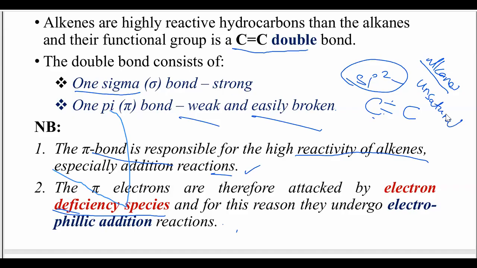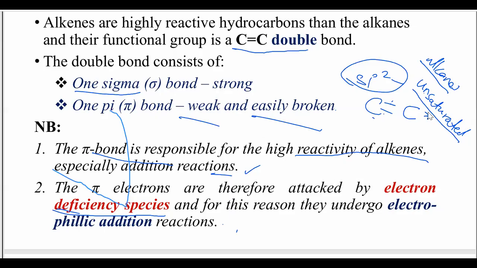They have some free electrons present, the ones which form the pi bond. That bond is the one responsible for the unsaturation in alkenes.